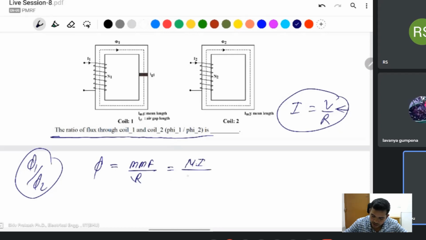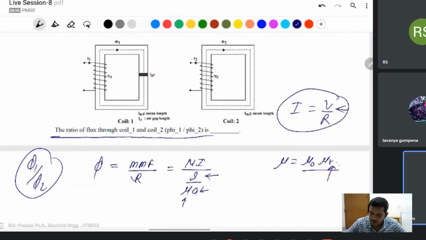Reluctance is represented by L by mu A, where L is the length of the core, A is the cross-sectional area of the coil, and mu is the permeability, absolute permeability and relative permeability.